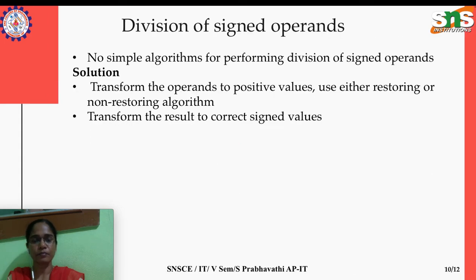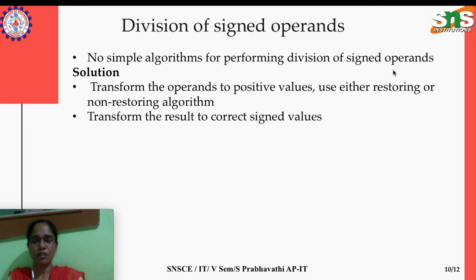Now moving on to signed operands. Signed operands means the given input is either positive or negative. For the division operation of signed operands, whereas in multiplication we have Booth's algorithm to carry out signed multiplication, in division there is no simple algorithm for performing division of signed operands.